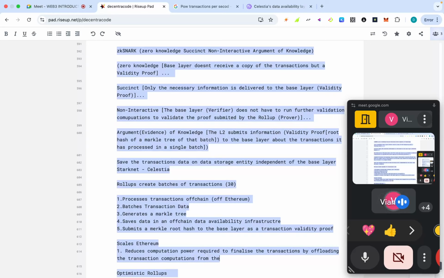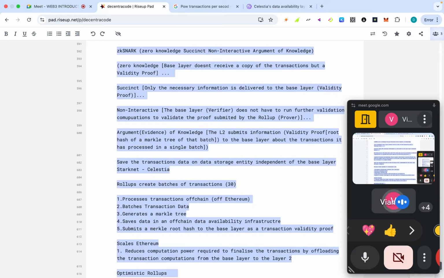from the base layer to the layer 2. That means the transactions, instead of being processed directly by Ethereum, are now going to be processed by Stacknet. That means there is more space left for other transactions to be processed on Ethereum directly. That makes Ethereum more efficient. All the computing power it would require to validate these transactions delivered by Stacknet is now reserved for transactions that have to be executed exclusively by Ethereum.